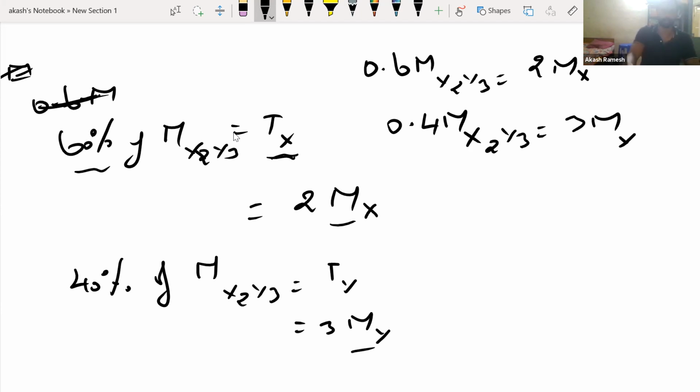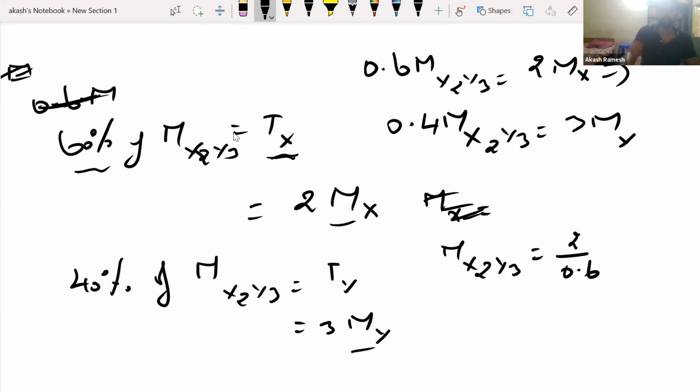This is exactly what we did here. Now I can write, from the first equation, we write molecular mass of X2Y3 is equal to 2 divided by 0.6 into the molecular mass of X. 0.6 would be 2/3, we'll keep it like this, no issues.